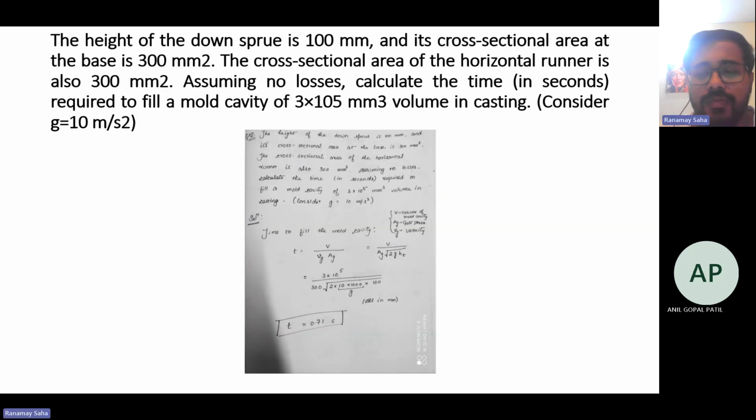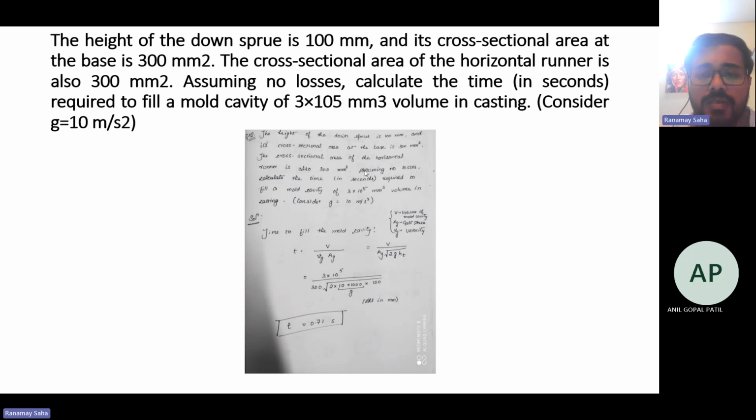So let us actually look at one problem of casting. There is one sprue provided which has a height of 100 mm and a cross-sectional area of 300 square mm. The cross-sectional area of the horizontal runner is also 300 square millimeters.